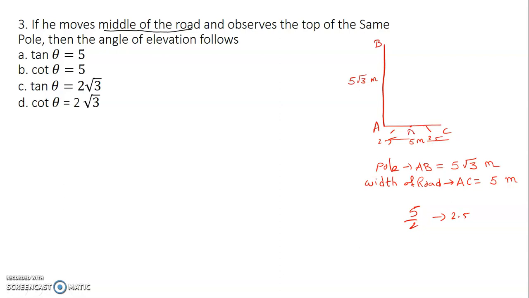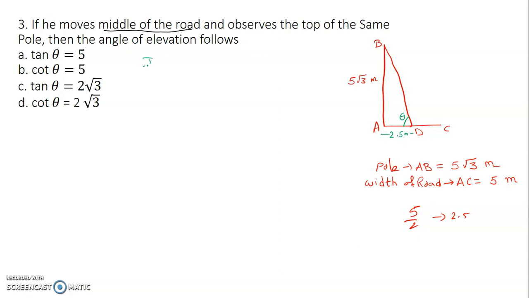So he is at the point here. Okay, he is middle of the road, means this side 2.5, this side 2.5. So he is standing at the point D and he is observing the top of the pole. Okay, he is standing at exactly middle of the road at the point D. Its width becomes half of the road, means it becomes 2.5.